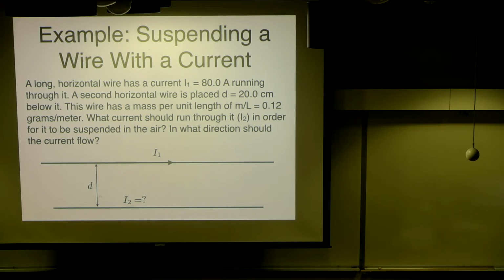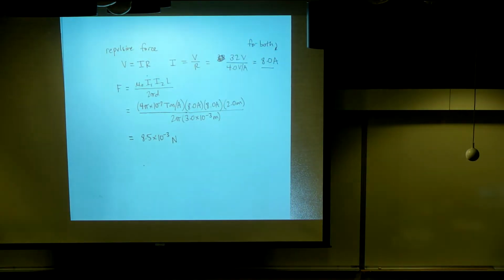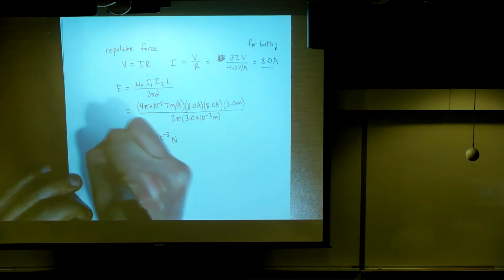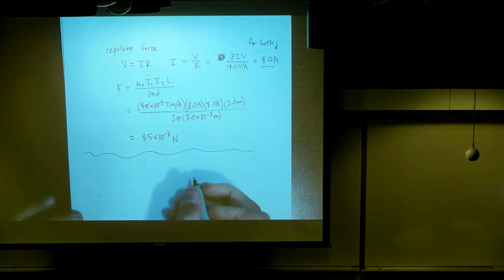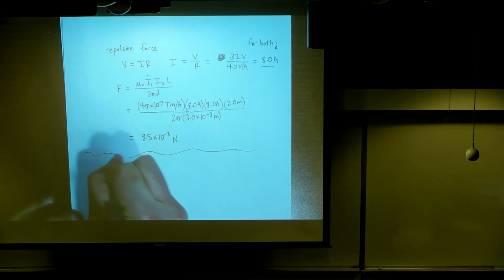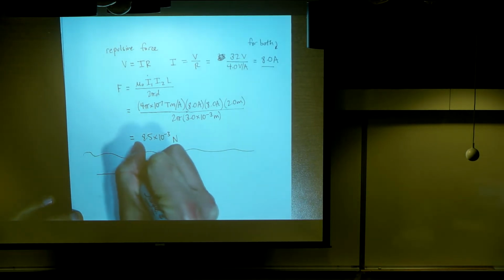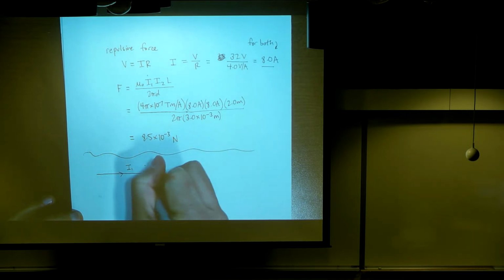All right, so now that we've established that, let's do the calculation. How much current is necessary? There's a specific value that's going to make it work out, okay? So the force must be attractive, as we've determined. So here's the picture. The top wire has current I1.